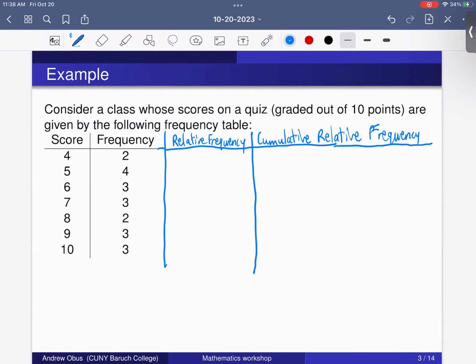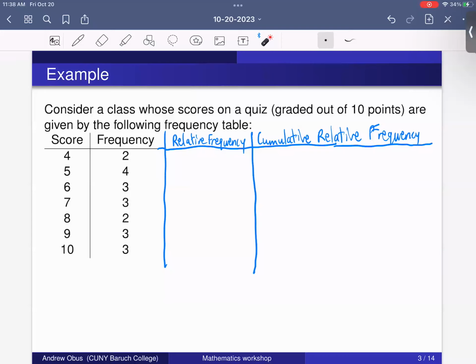So does somebody want to do the relative frequency part? How do we figure out the relative frequencies to put in this column? So the first thing we need to do is figure out the total number of measurements. So how do we figure that out? We found the sum of the frequency. Yeah. So what is that in this example?